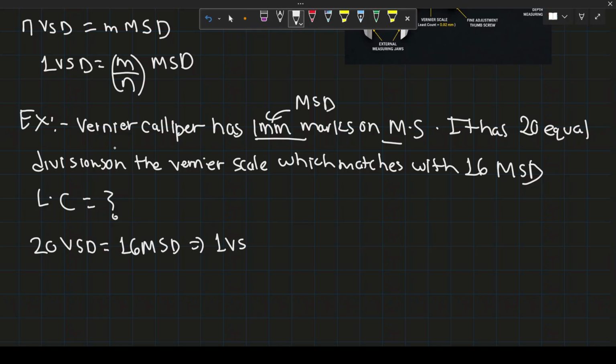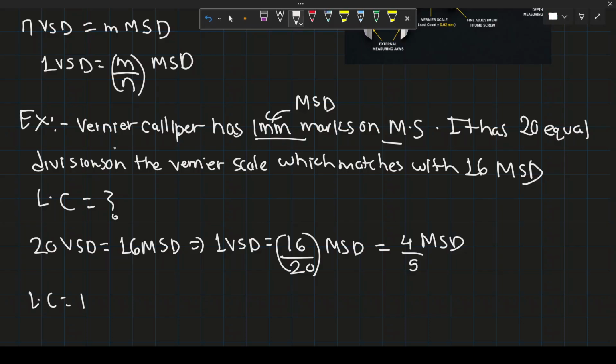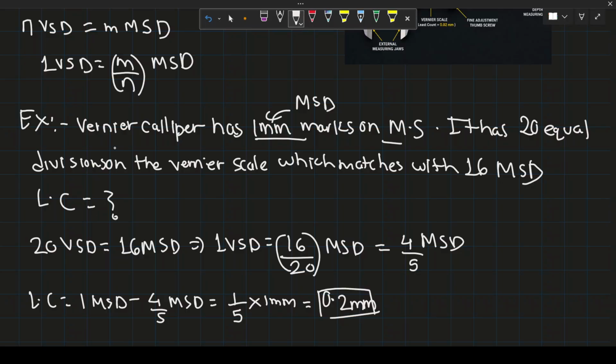So 1 VSD will be equal to 16 by 20 MSD or 4 by 5 MSD. So your least count would be 1 MSD minus 4 by 5 MSD. That is basically 1/5 of 1 millimeter, which is 0.2 millimeter.